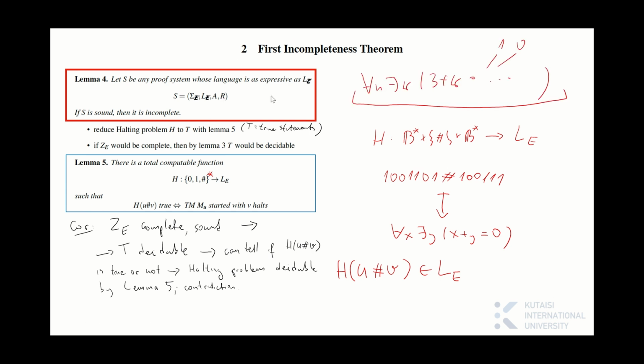Now the whole incompleteness theorem, the first one, hinges on constructing such an H, which is better written this way, because this way you also have 0, 0, hashtag 0, 1, hashtag, many hashtags. But if you write it this way, you only have string, hashtag, and string. All right?